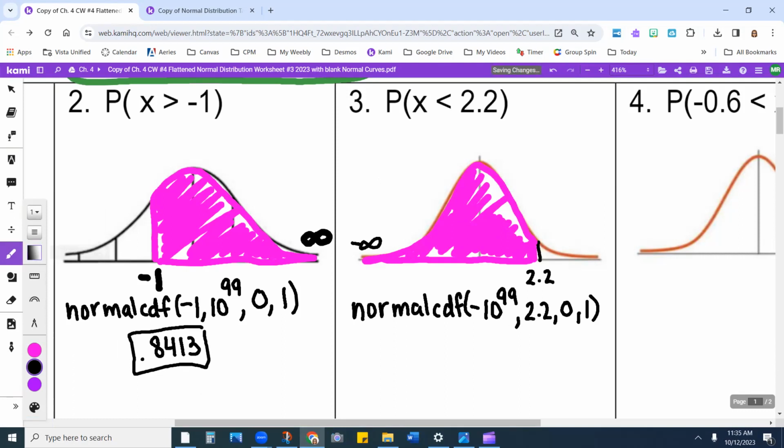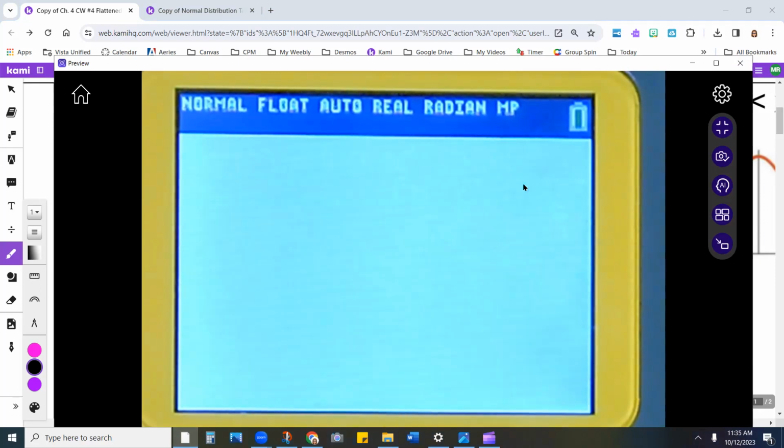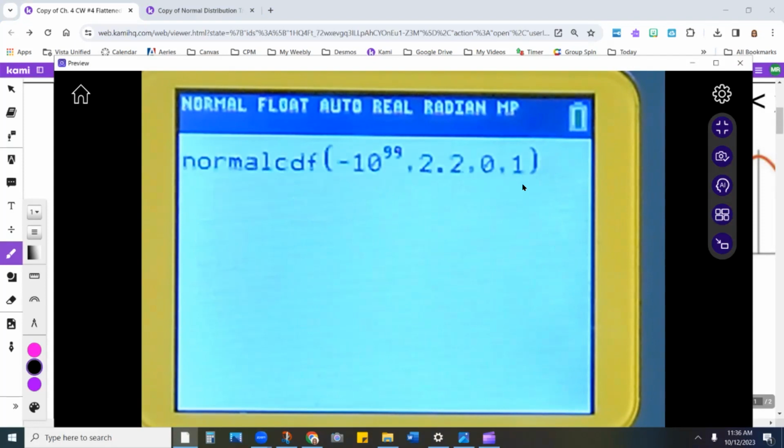And I'm going to put that into our calculator. So I'm going to be putting in a -10 to the 99. I'm going to be changing this to a 2.2, keeping those.